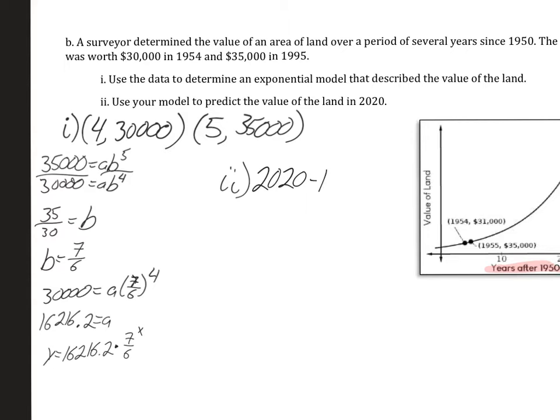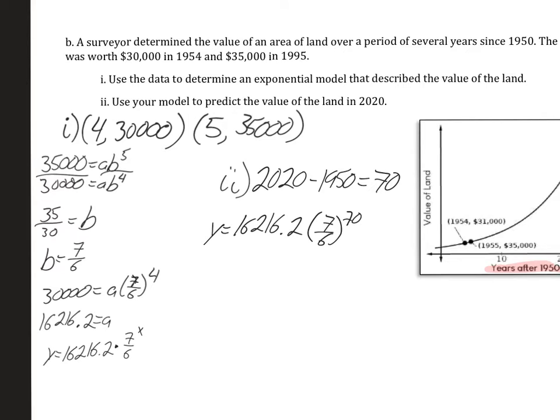So 2020 minus 1950 equals 70. So that is 70 years later. So I know I have y equals 16,216.2 times 7/6 to the 70th.